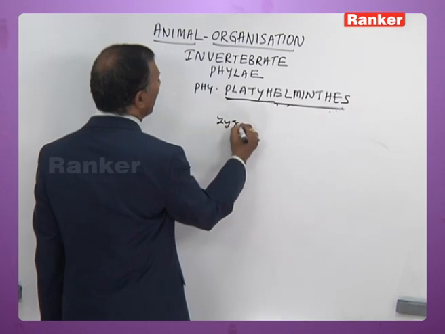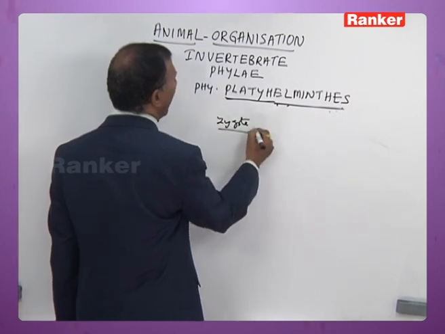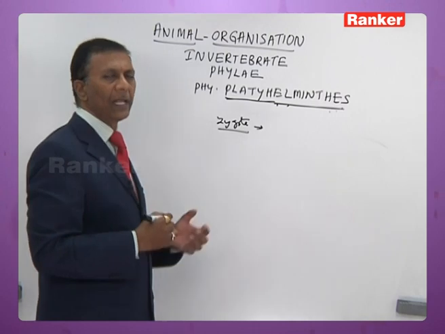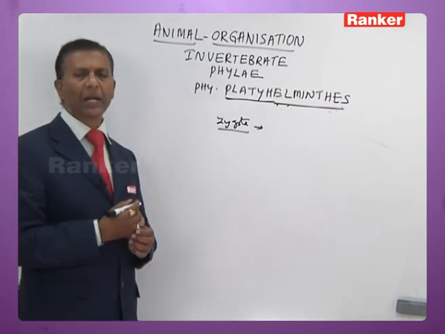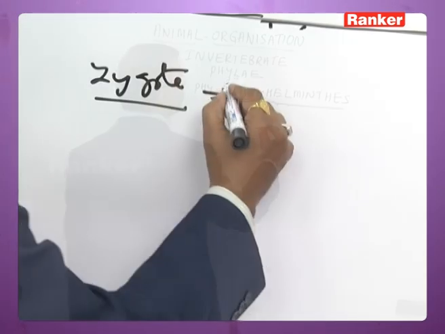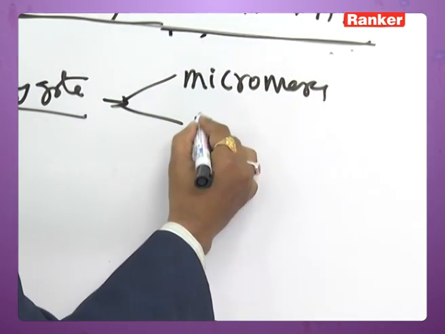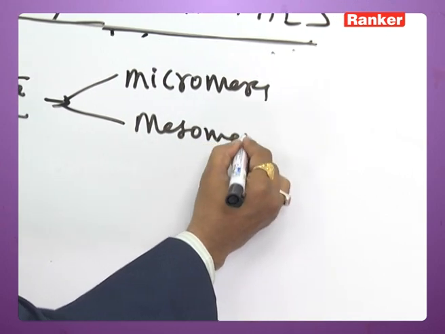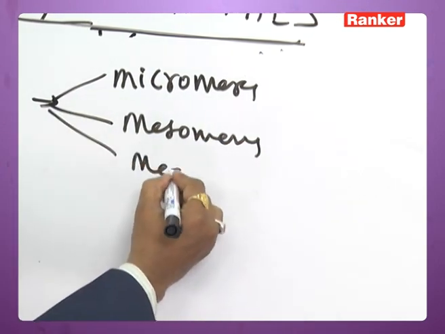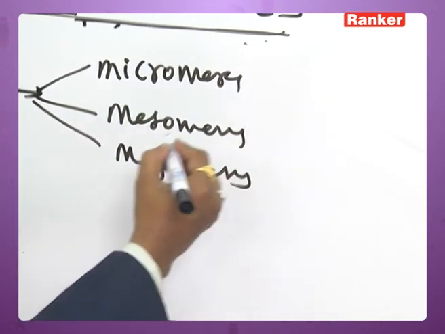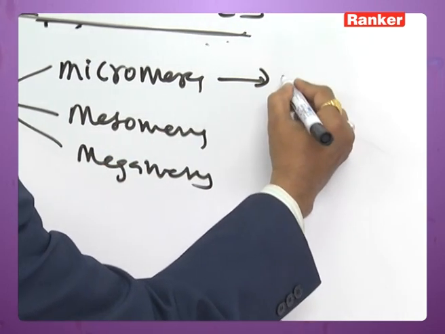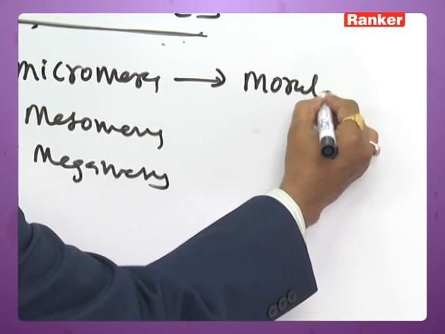The zygote, by unequal holoblastic spiral determinate cleavage, gives rise to micromeres, mesomeres and megameres. The micromeres give rise to the morula, that is the embryo proper.